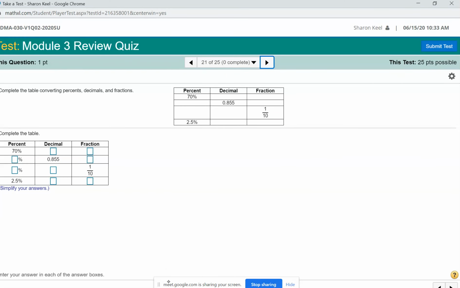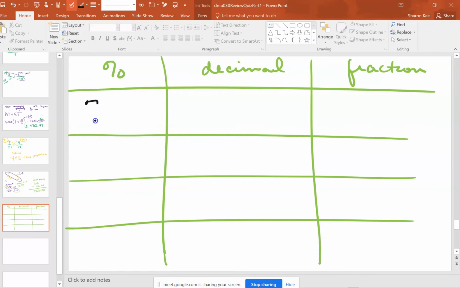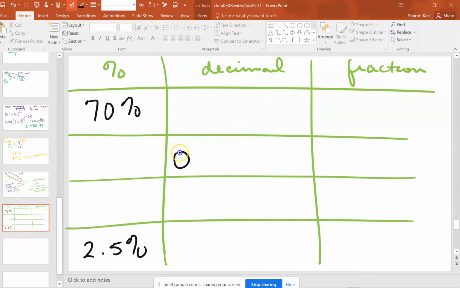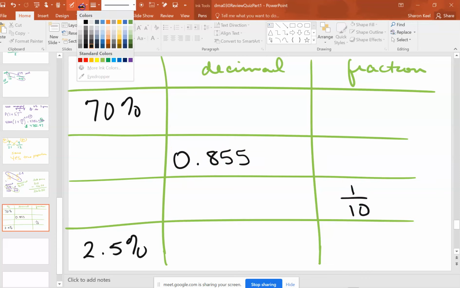So they give us 70% and a 2.5%. We're given 0.855, and we're given 1/10. Okay, so we're going to go through each of these and do our conversions.